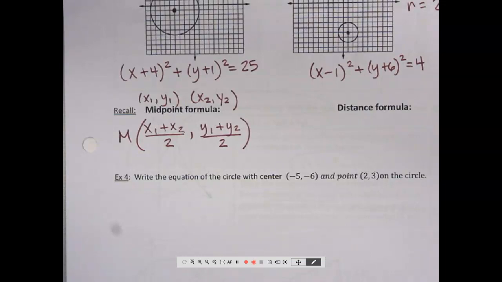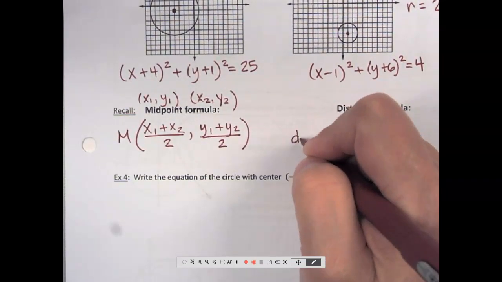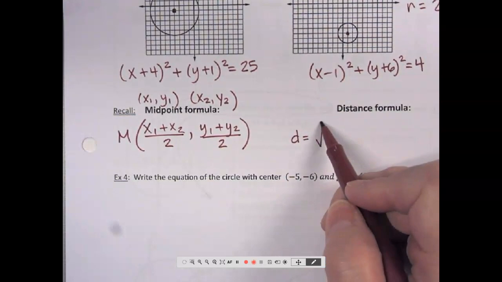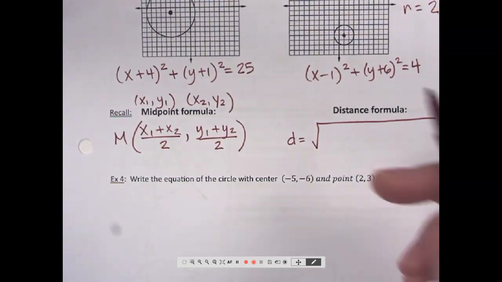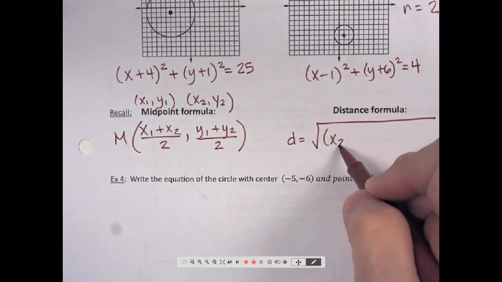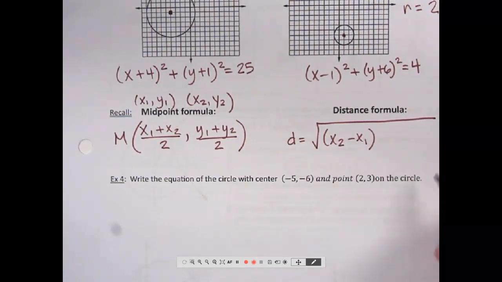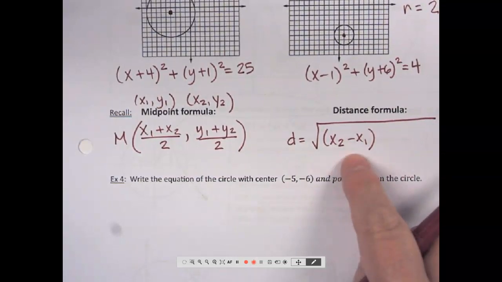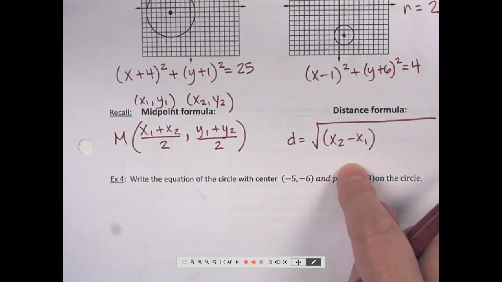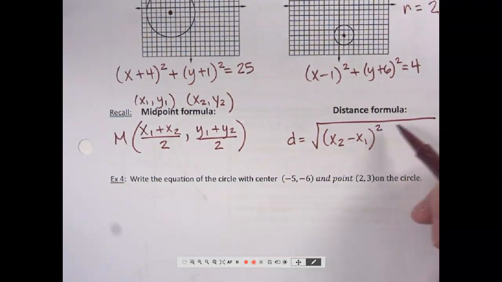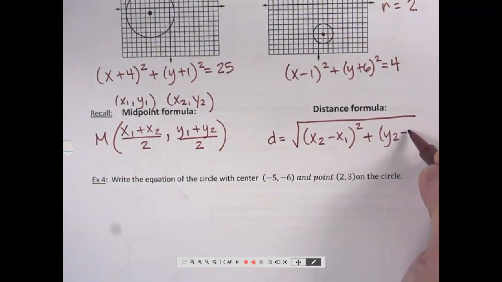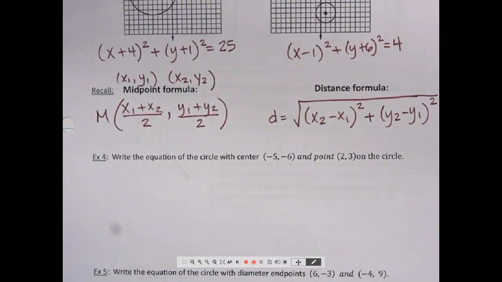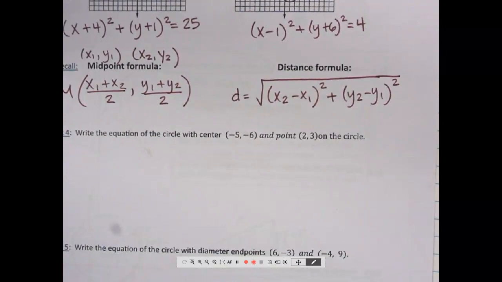Okay, distance formula. There's a big square root. John said x2 minus x1. Do you remember what we have to do with that, though? Squared, plus y2 minus y1 squared, which is really just a Pythagorean theorem rearranged there.